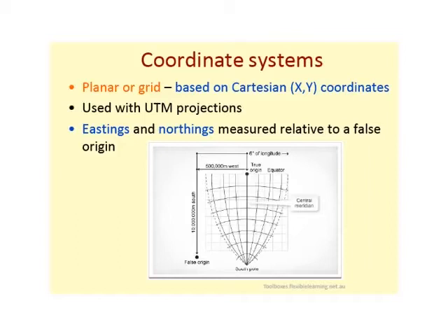So how does the Australian map grid work? Well, basically it was decided that the best map projection for Australia was still the universal transverse Mercator projection. Now this projection is one that has been designed to try and conserve area, shape and particularly direction for those countries that are located between the equator and mid-latitudes.